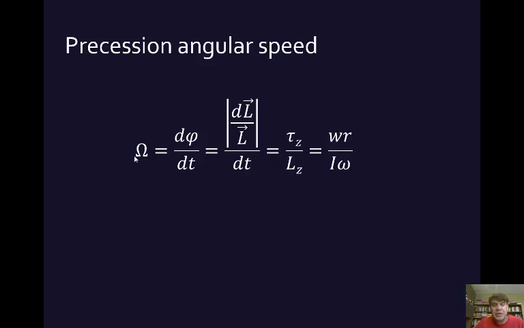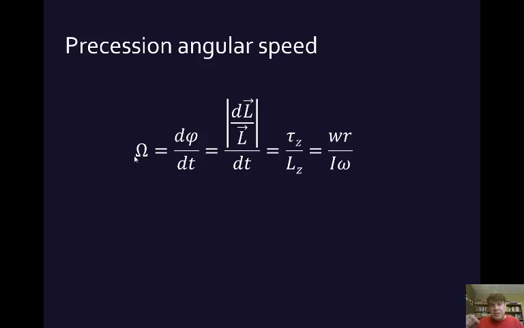Now, we can replace d phi with dL over L. Why? He doesn't explain this. Young and Freedman don't. But it has to do, I think, with the idea that we're talking radians here. I have a video on radians, and you've already had radians by the time you get to this part of the book.